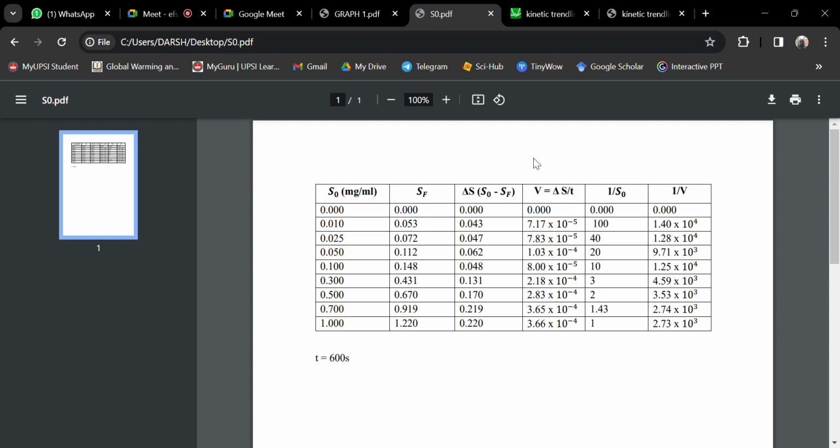Betul. The one that you got from your desmos, that is the remaining of starch. Meaning that in order to identify how much starch has been digested, kita kena tolak lah. Maksudnya starch asal, tolak dengan leftover, so that delta S, the one in the third column tu, delta S ialah yang telah digested.